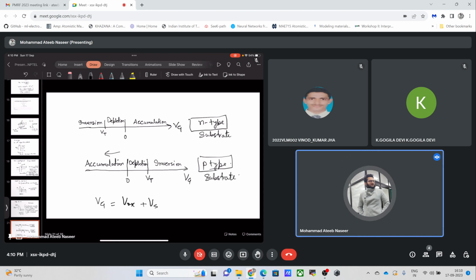We are considering the drop across the bulk semiconductor to be zero. So remember, whenever I am applying the bias, it is getting divided into two portions: one across the oxide, and another across the semiconductor. Okay, remember this. This will help us to solve some of the problems while going forward.